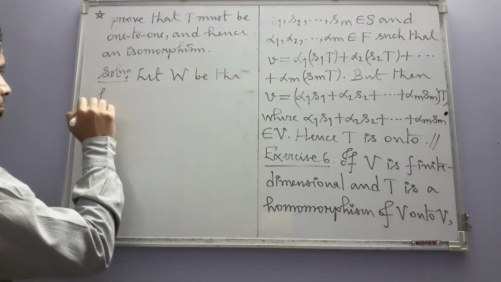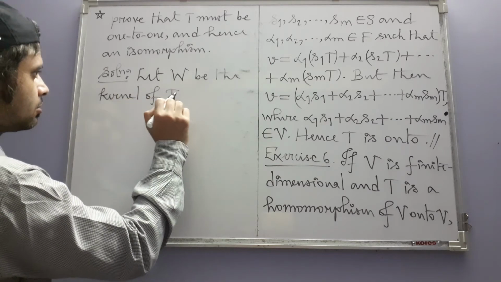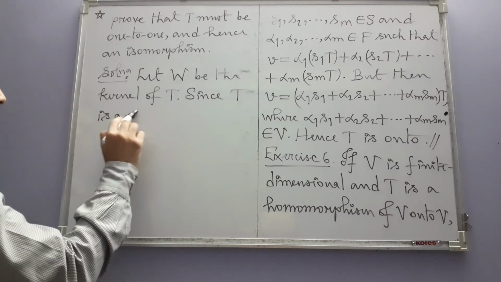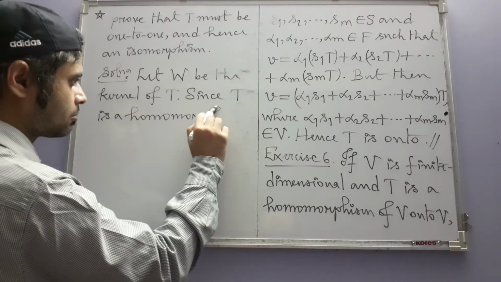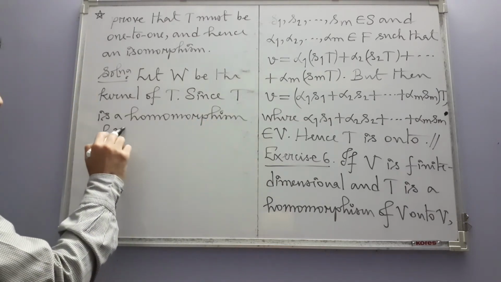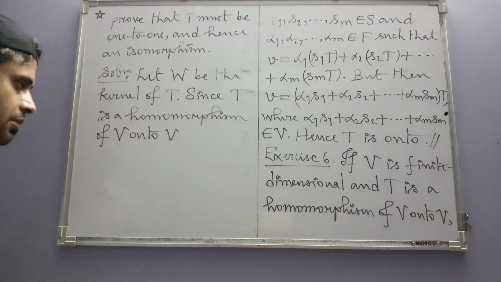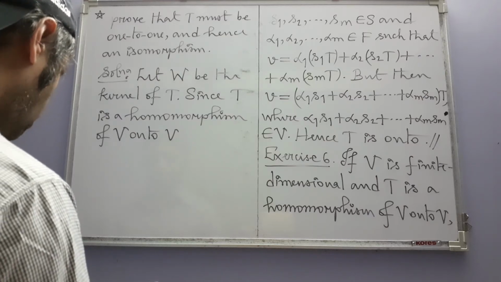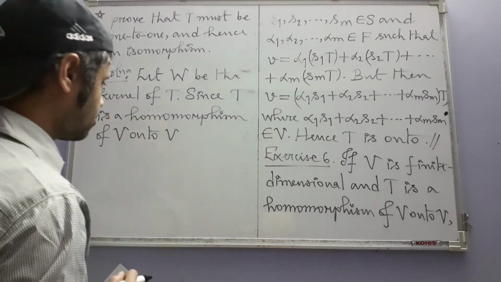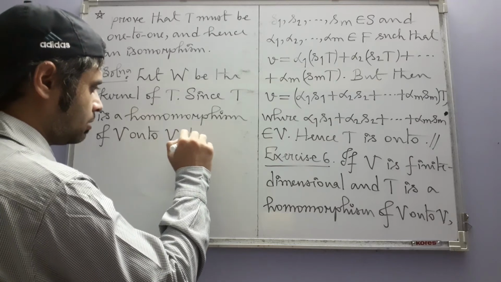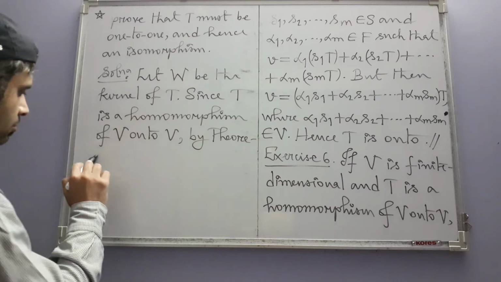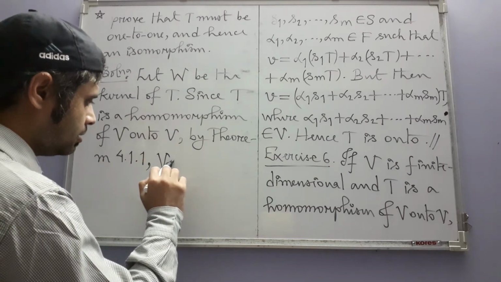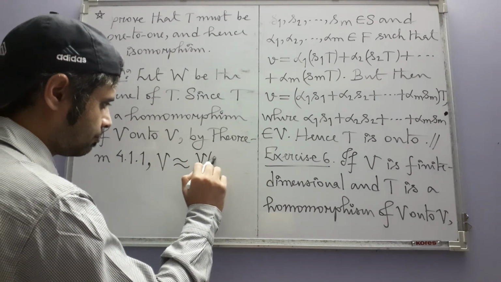Let W be the kernel of T. Since T is a homomorphism of V onto V, by the first isomorphism theorem, which is theorem 4.11, because it comes in the first section, V is isomorphic to V by W.